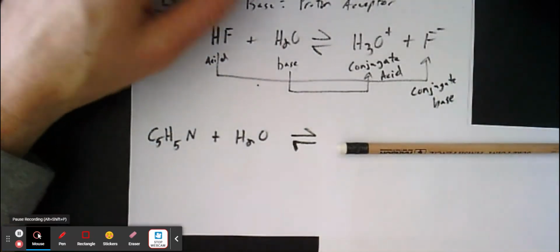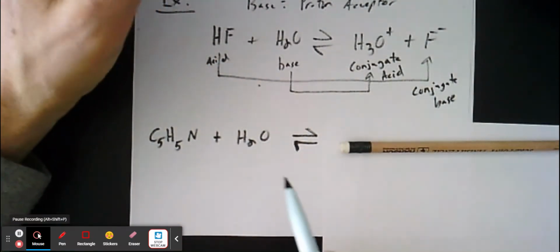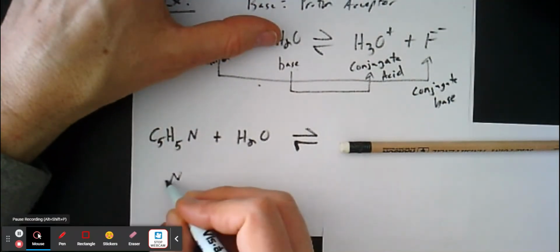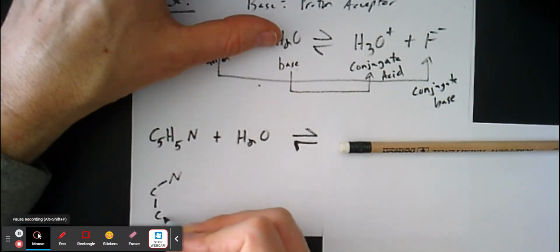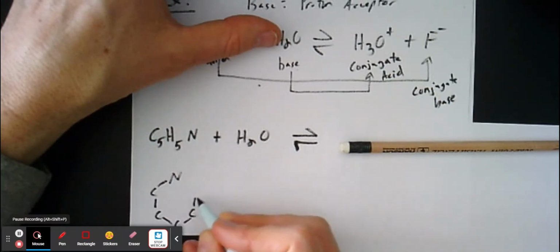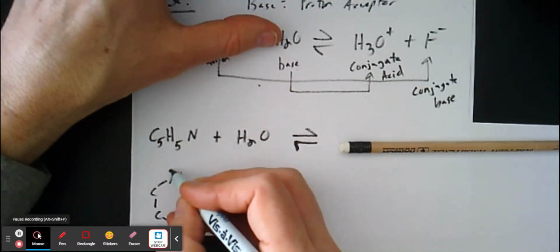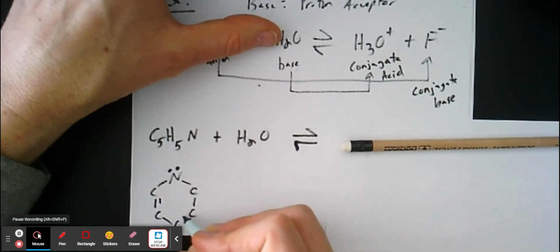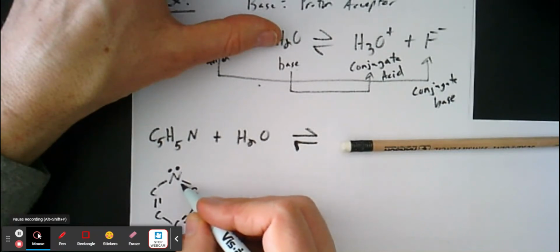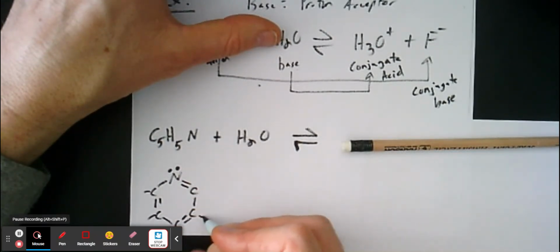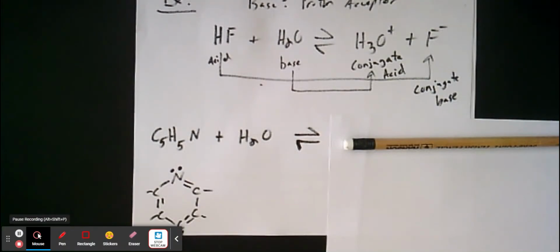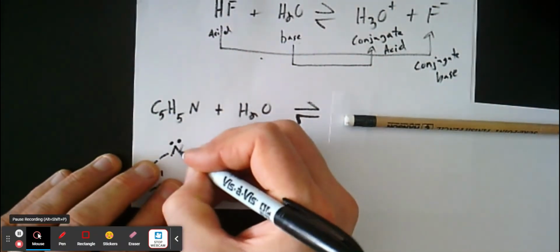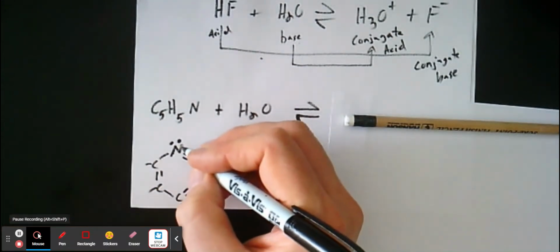Now, if I look at this one, what's going to happen? Water can act as an acid or a base. What's this chemical going to do? If you knew the structure of the compound, it'd be easier to see. This nitrogen is very rich in electron density.